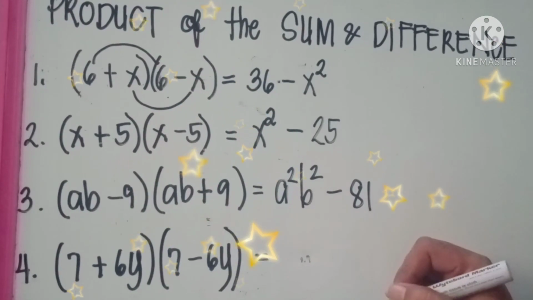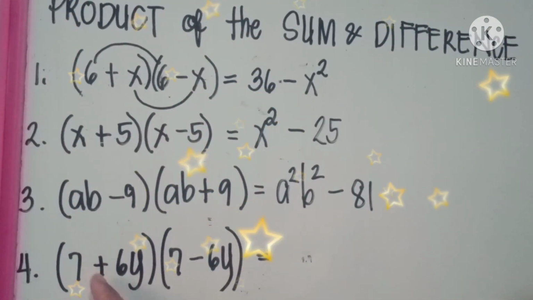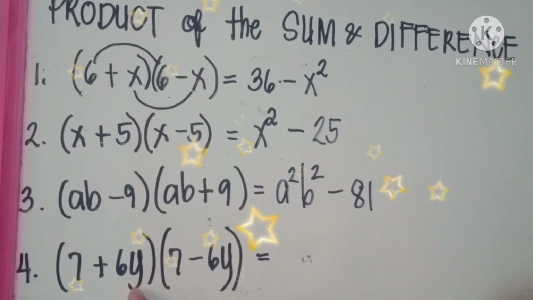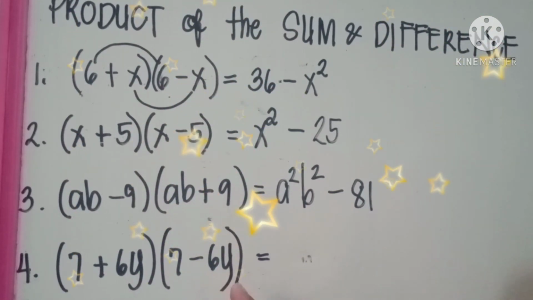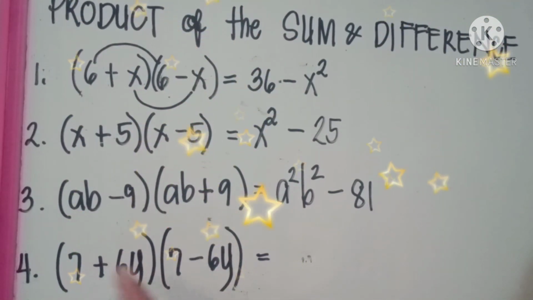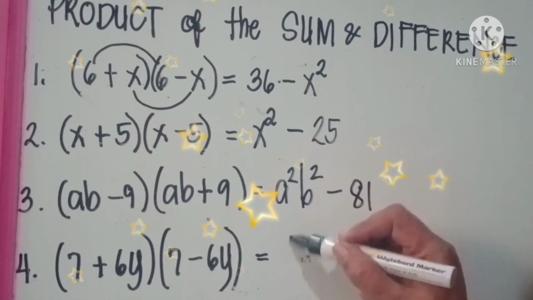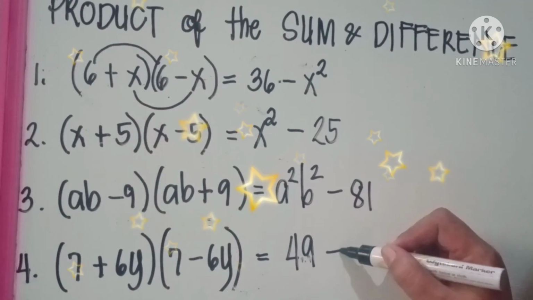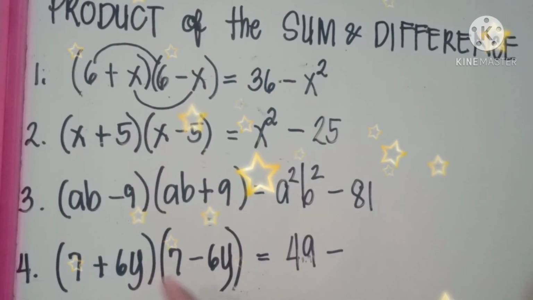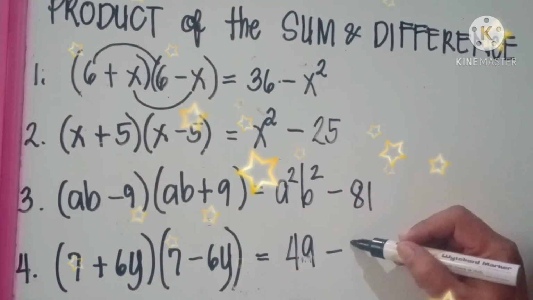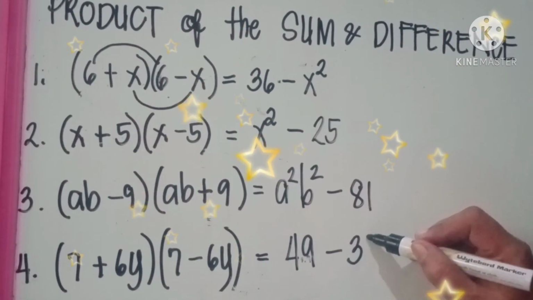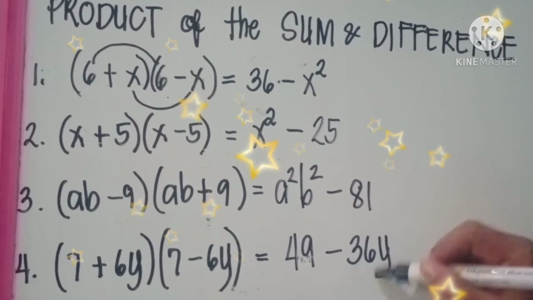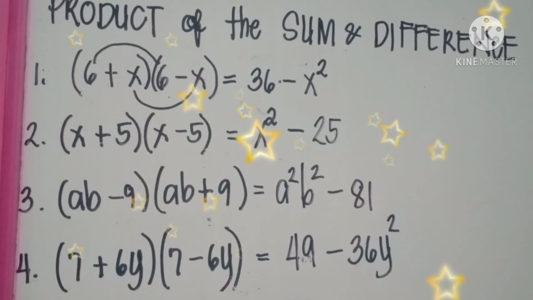And the last example is 7 plus 6y multiplied by 7 minus 6y. So, multiply 7 by 7. The product is 49. Then, minus 6y multiplied by 6y is 36y squared. Okay.